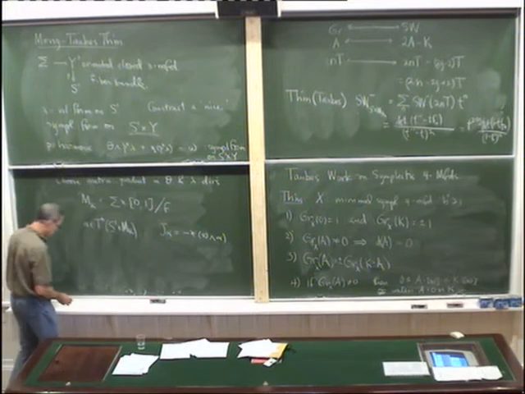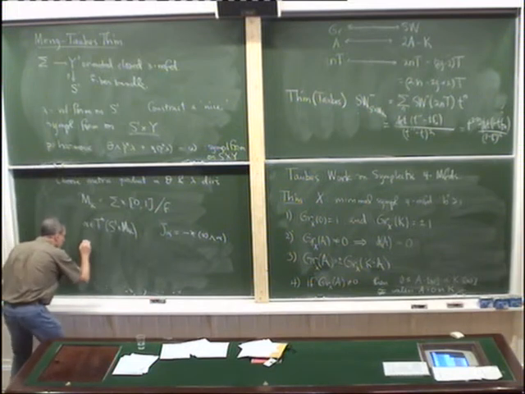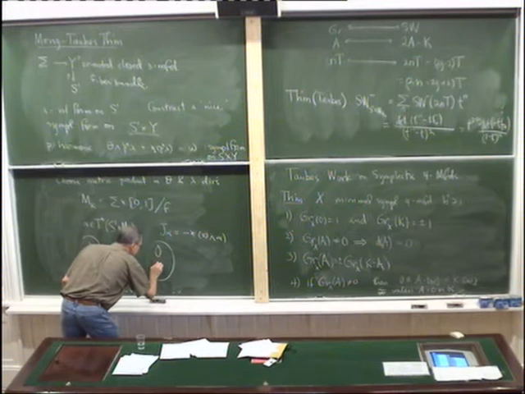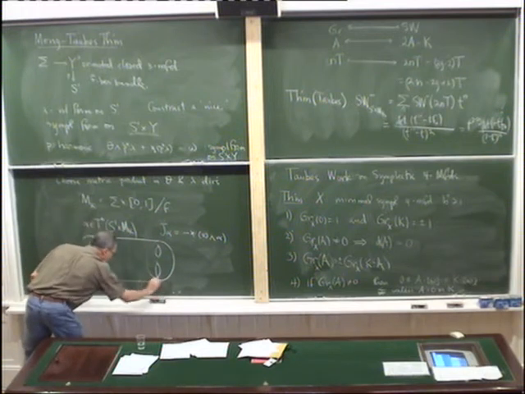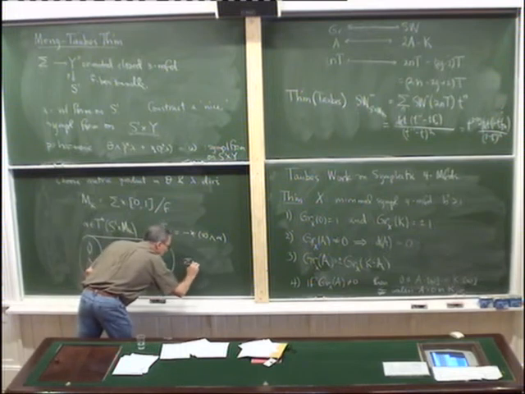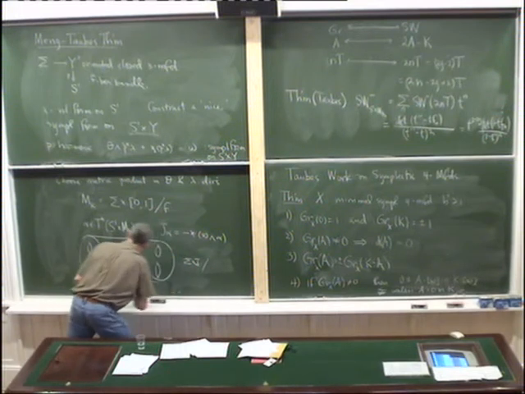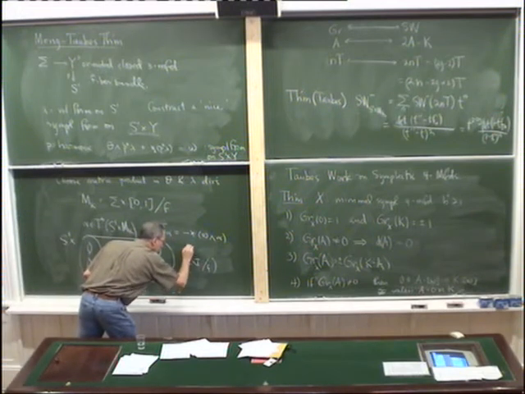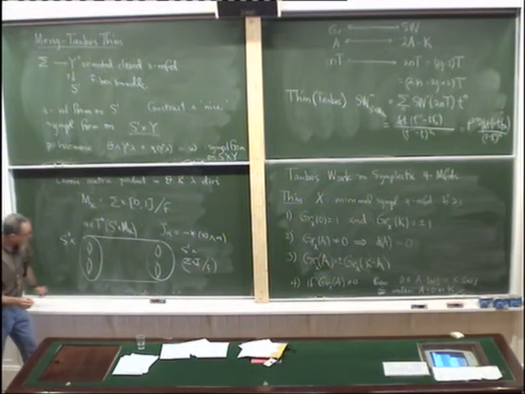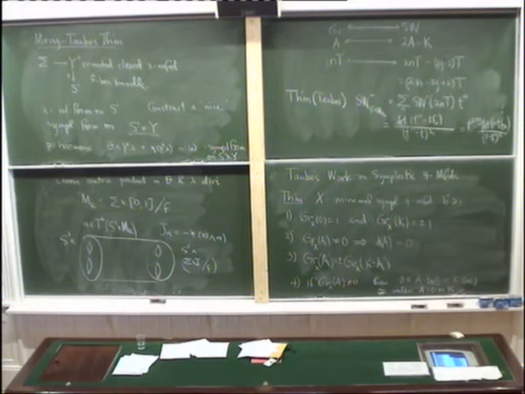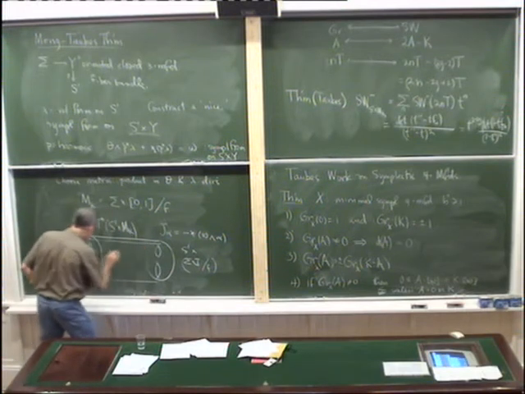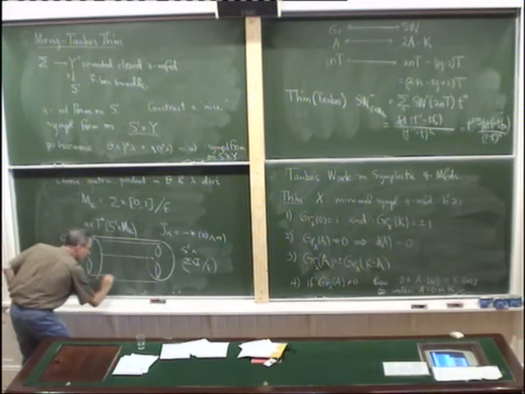Then using this, it's an exercise to see that in Sigma cross I mod F, so here I've drawn the Sigma cross I part, we want to ask what curves can represent nT and be J-holomorphic. What these curves have to look like is straight lines that run through this product.